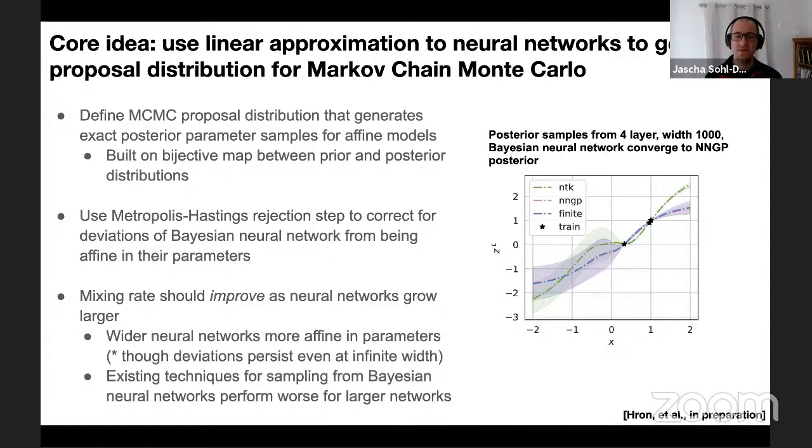You can see that it agrees very closely with the analytic posterior we get from the NNGP and differs from the NTK analytic distribution over functions that would result from gradient descent training of an infinitely wide neural network.